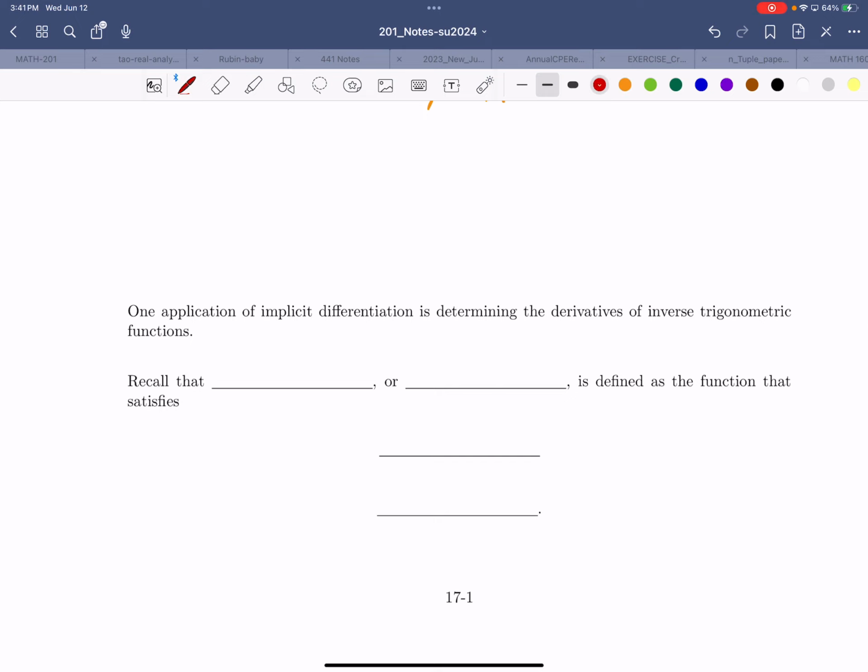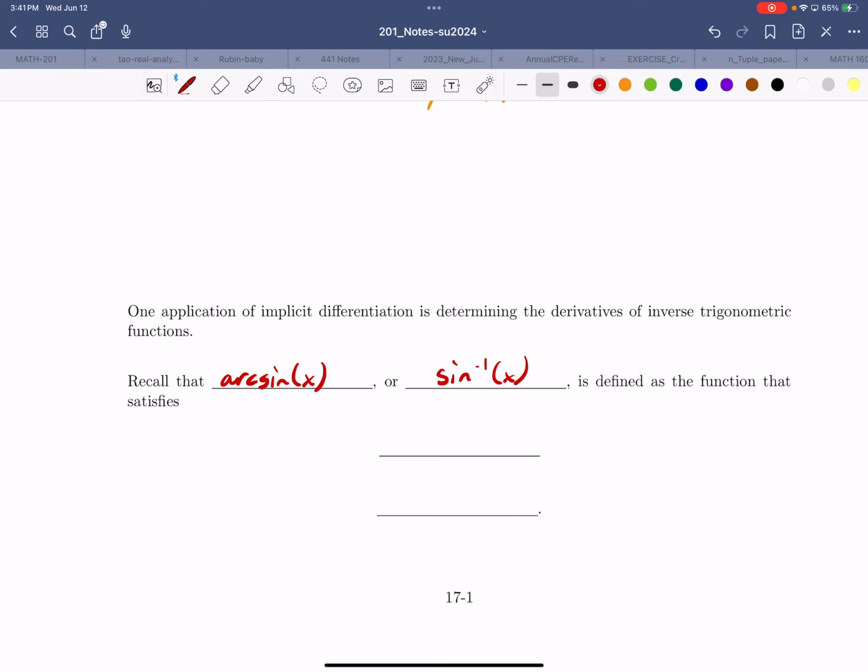Now, when we talk about inverse trig functions, we're talking about going backwards. We're not talking about 1 over, we're just talking about going backwards. Okay. So we have, for example, arc sine of x, or you could write this as sine to the negative 1 of x, but that's not really preferred, so I'm going to use arc sine.